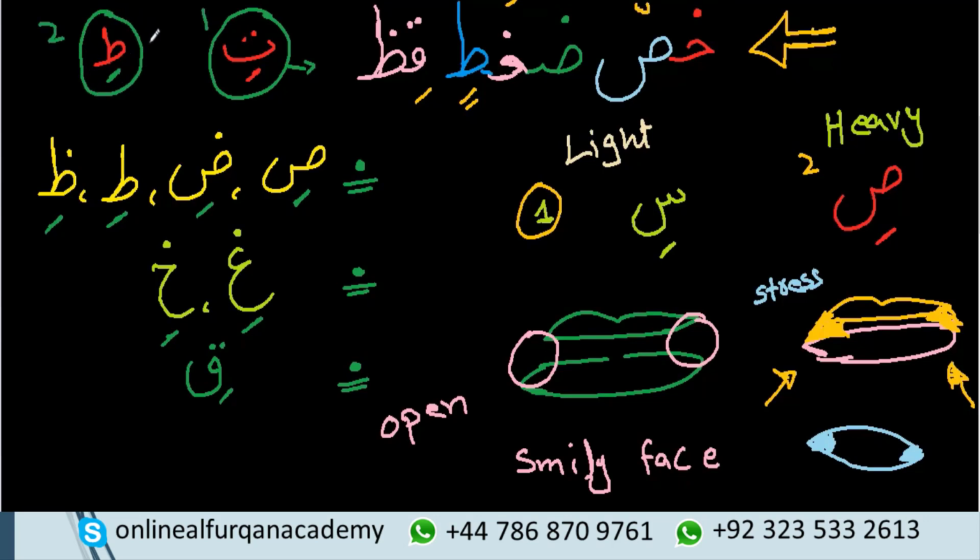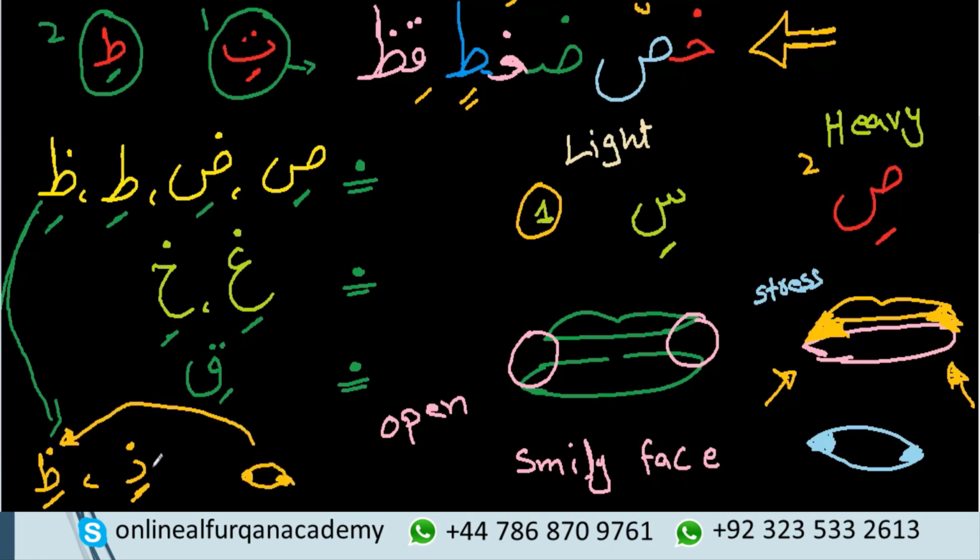Ti, heavy, and the edges are closed. Is that clear? Now here we have another one, tha. The edges are open, I mean a smiley face. But when we pronounce this one, za with kasra, the edges are closed. But when we pronounce tha, that is the smiley face, it's open.